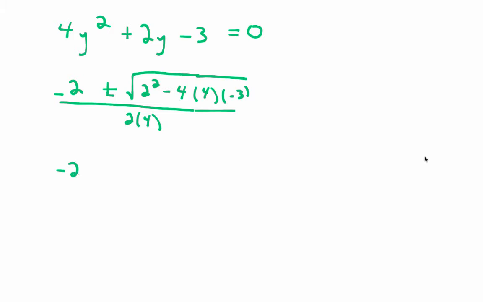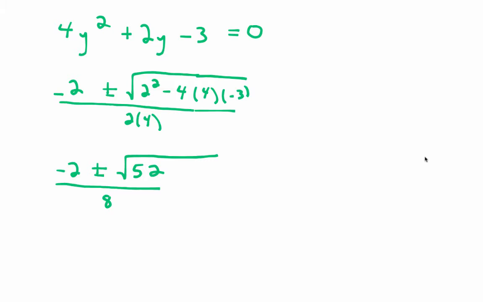So that'll give me negative 2 plus or minus square root of, do the math. 4 times 3 is 12. 12 times 4 is 48. And this is plus, so it's going to be 4 plus 48, which is 52. Or you could have just plugged all that in your calculator over 8.